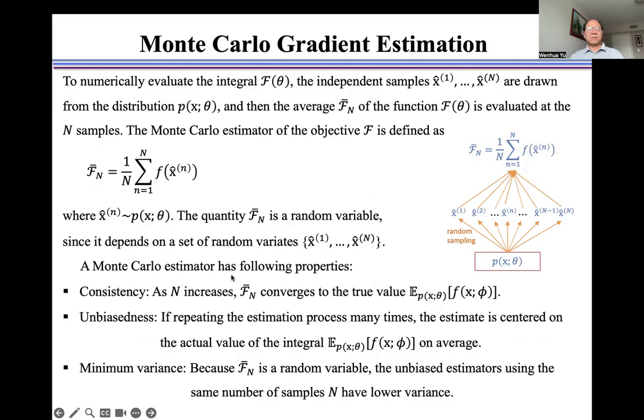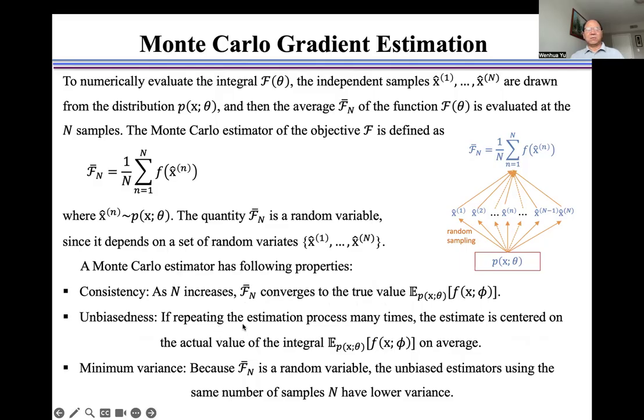A Monte Carlo estimator has the following properties. First, consistency. As n increases, Fn converges to the true value EP as shown here. Unbiasedness.